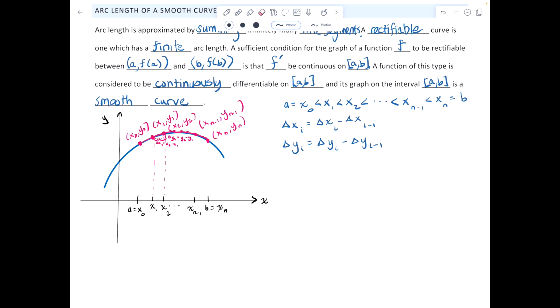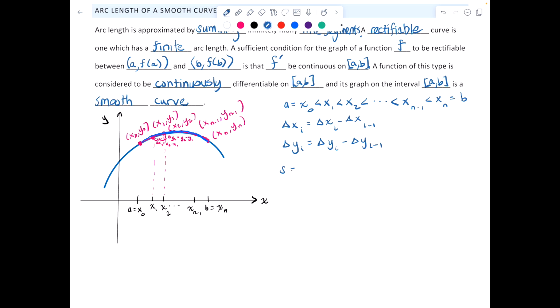Arc length is denoted by an S. Arc length is going to be your smooth curve from A to B inclusive.